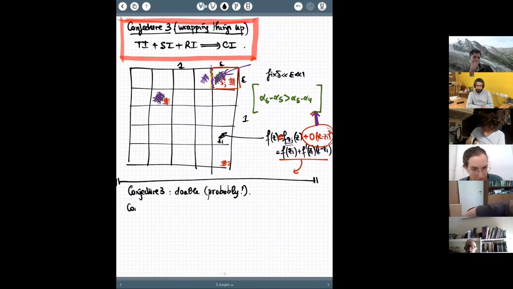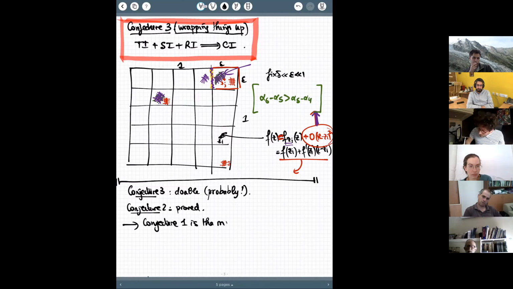Conjecture 2 looked like this would be very bad, but actually this is the content of the theorem. So you are going to see it's proved, and this is exactly the subject of the seminar. So that leaves conjecture 1 as the main remaining open question.